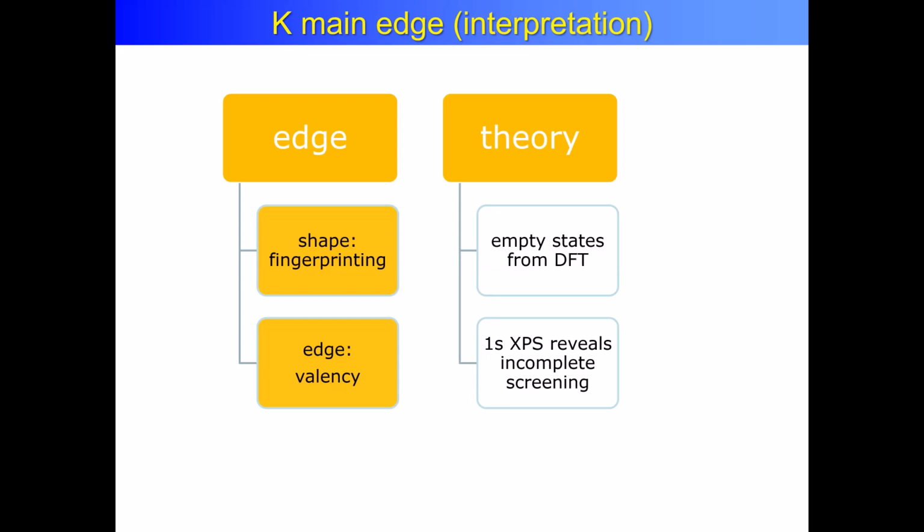I have a question on your LDA plus U calculation you showed earlier, which qualitatively captured the pre-edge zones. Is that U included only in the ground state to capture the orbitals, or is it also included in the response calculation as well?